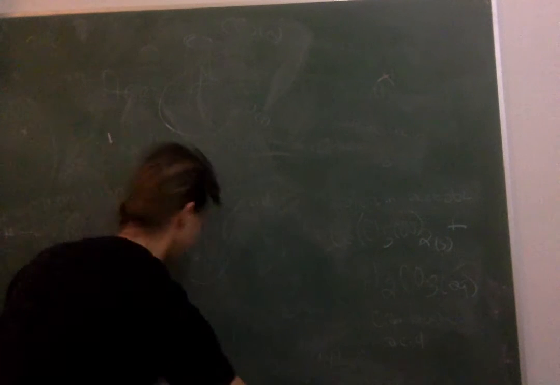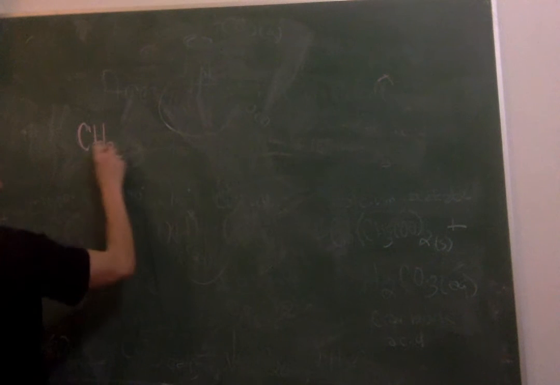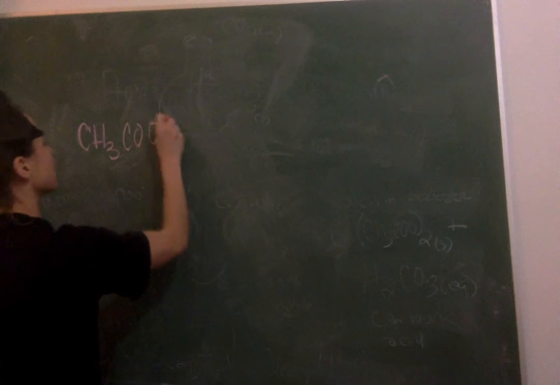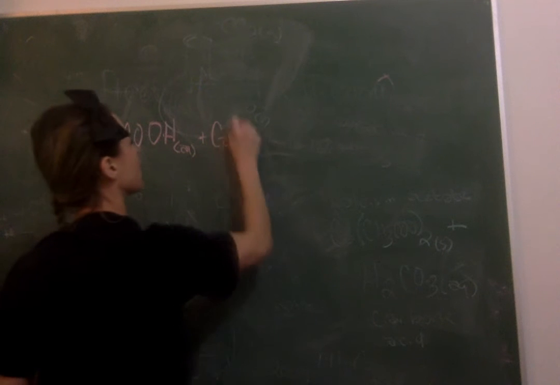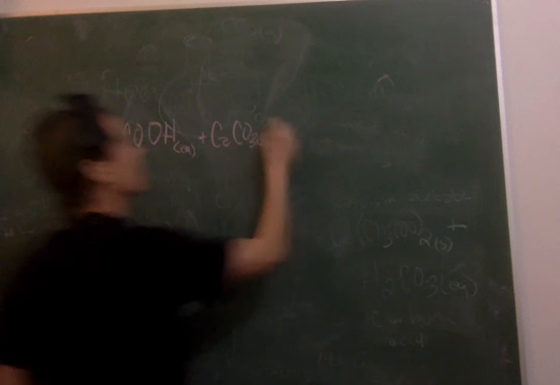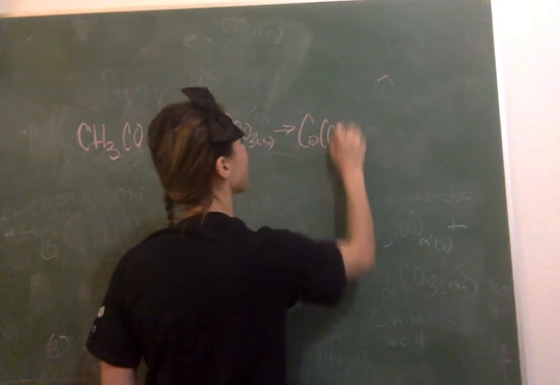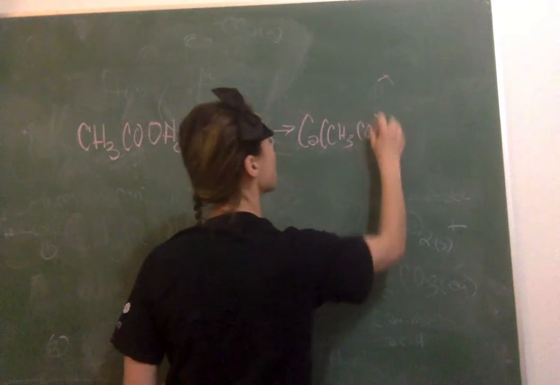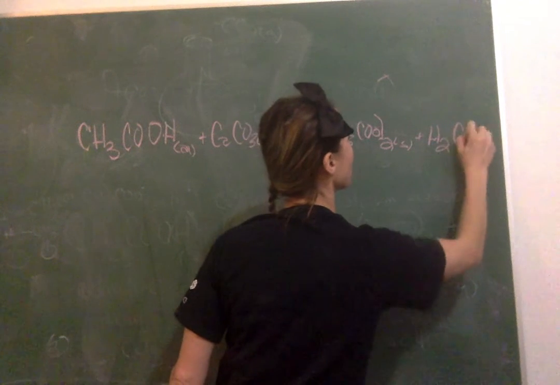Let's look at the net equation. Number 1, we started with acetic acid. I think pink is easier to see. Acetic acid, and that was aqueous, and we combined it with calcium carbonate, which was solid, and we got a double replacement reaction to get calcium acetate and carbonic acid.